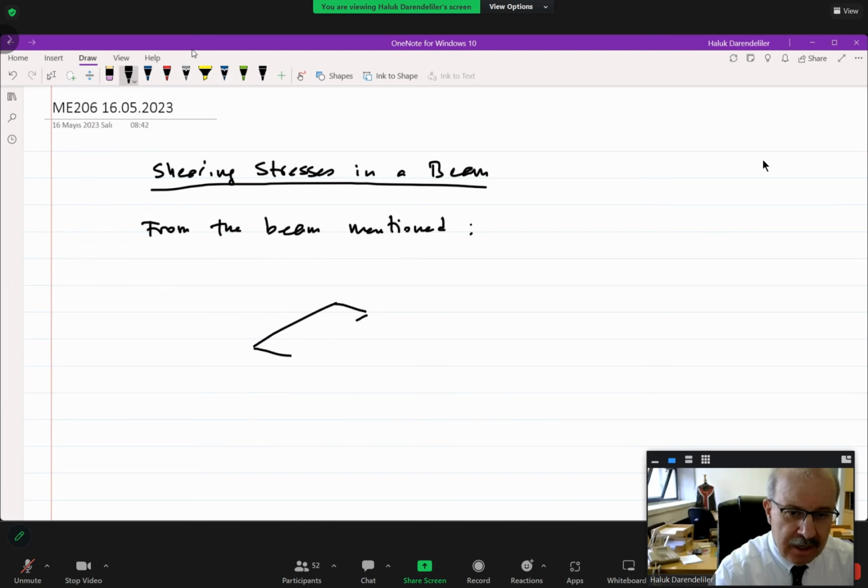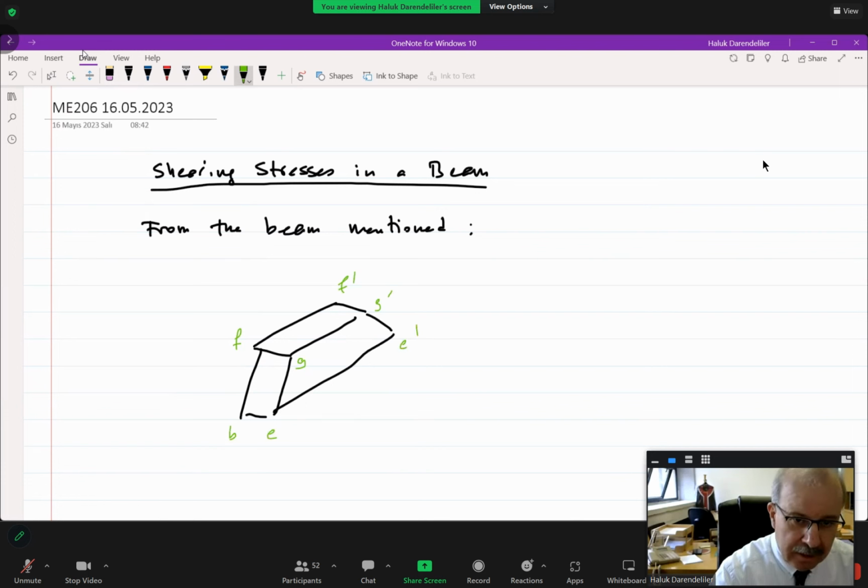Now this is the lower portion of that slab, remember. Maybe it's better to put the letters. This is F, A, G, G prime, F prime, B, E, E prime, etc. Is this clear? Then say that this distance from here to here is T, and still remember this distance is delta X. And our coordinate system is the following: X, Y, and Z.